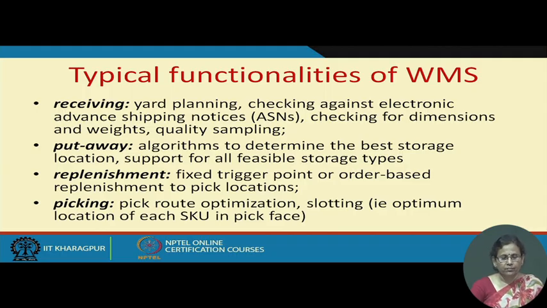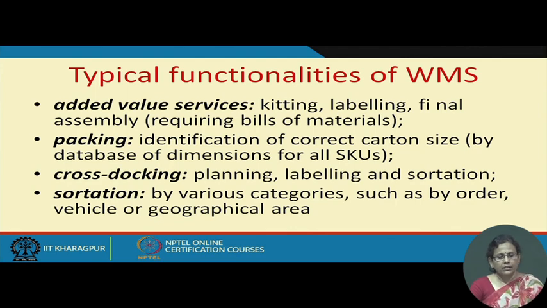Then slotting, that is about optimum locations of each SKU in the pick face. It can have many value added services like kitting, preparing kits, labeling, final assembly, which of course requires a bill of material. Then another activity is packing, which requires identification of the correct carton size by the database dimension for all the SKUs.